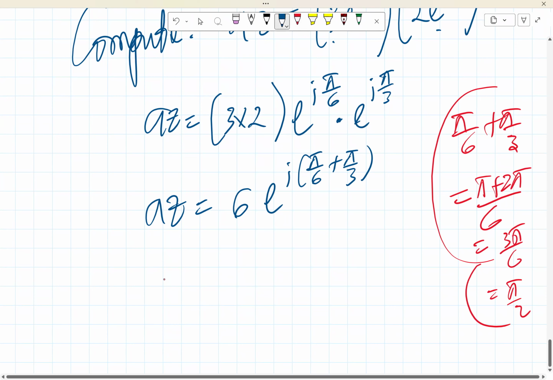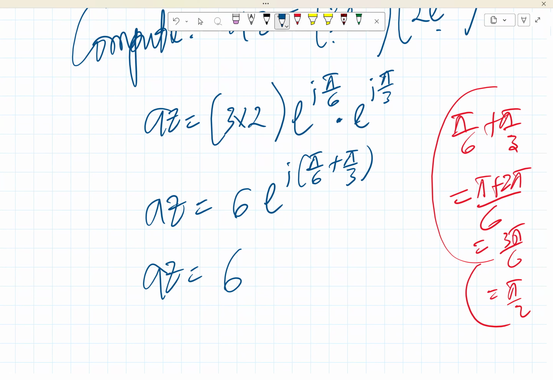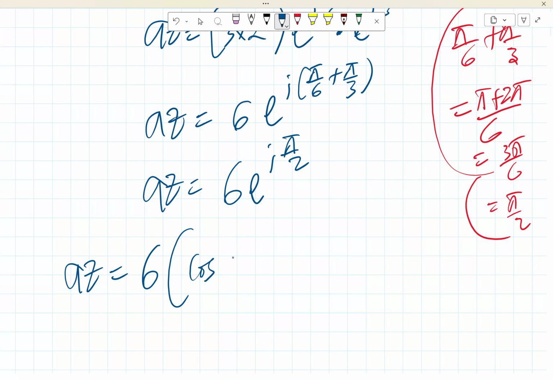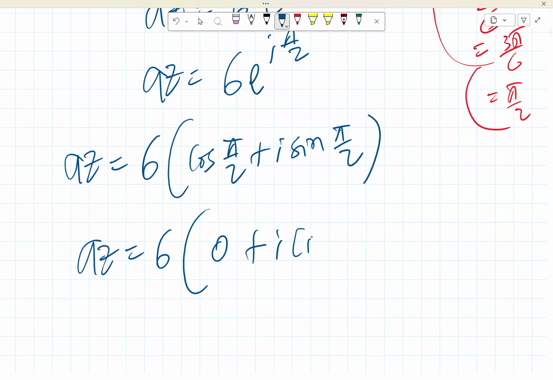So we can then come back and know that AZ is equal to 6e^(iπ/2). And it's always sweet working with π/2 if you remember, right? Because now AZ equals 6 times e^(iπ/2), which is cos π/2 plus i sin π/2. Cos π/2 is 0, that's cos 90. i sin π/2 is 1.